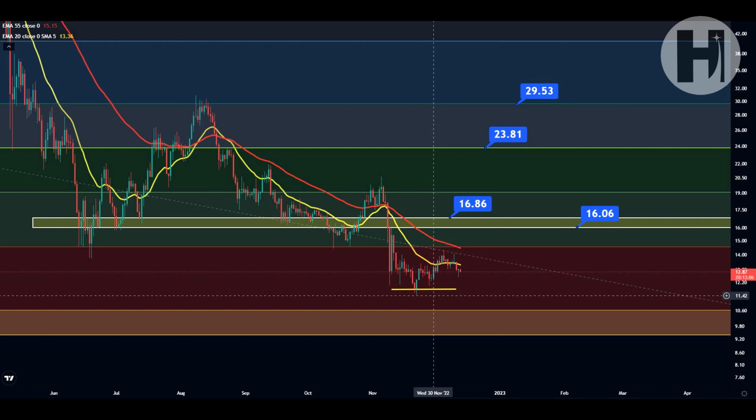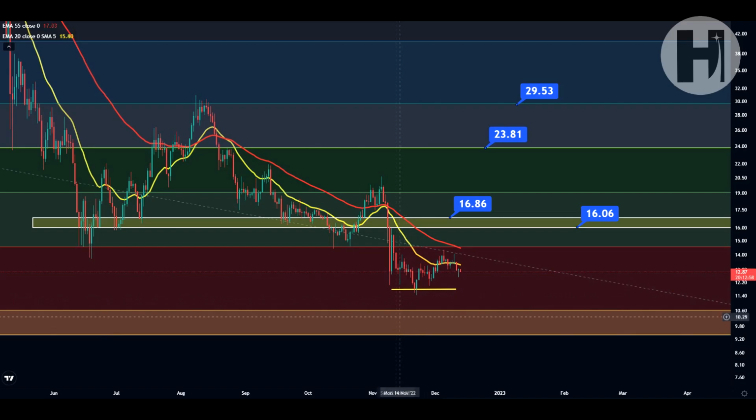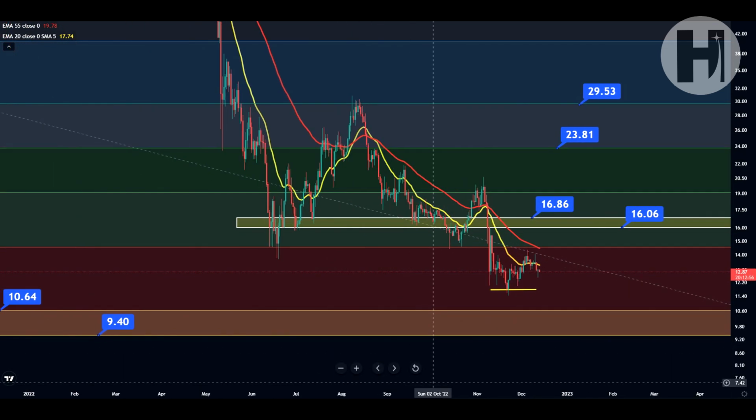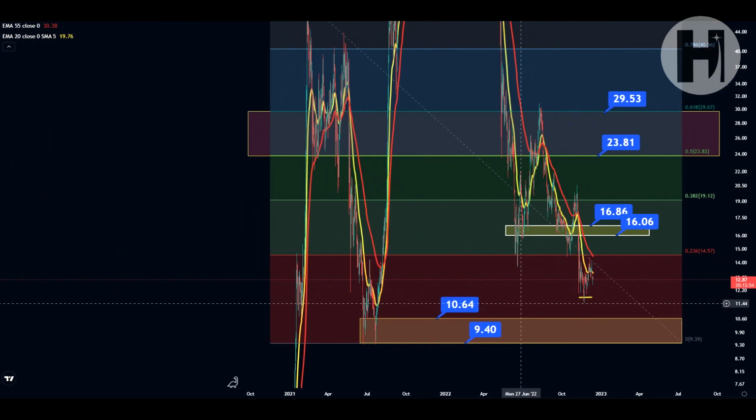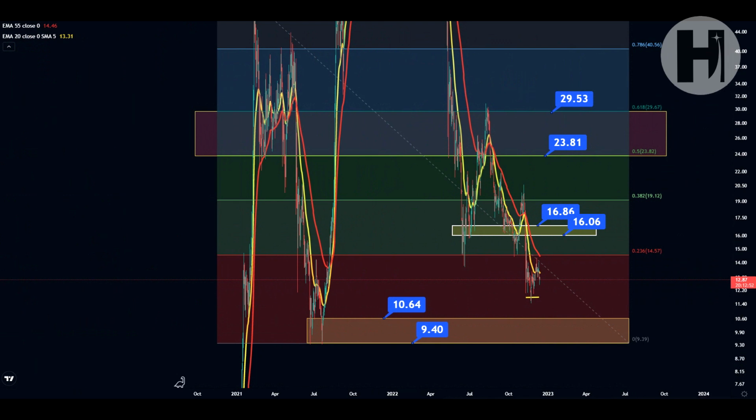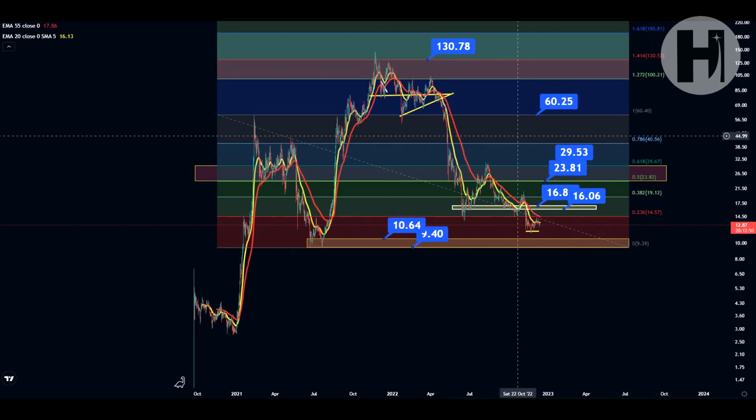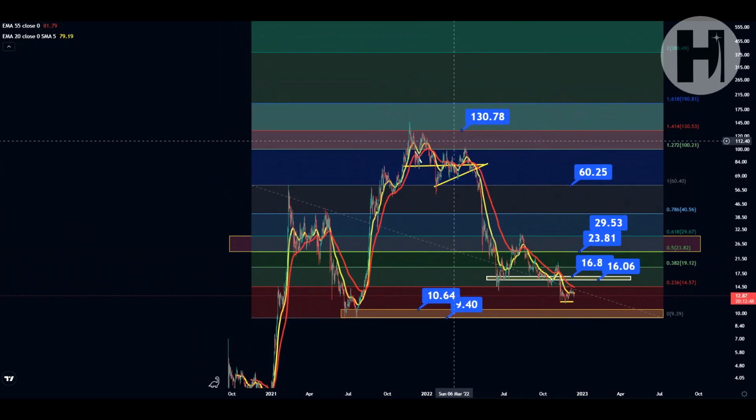Now let's jump straight into the TA. Now, I want to talk about the Fibonacci retracement because some people are a bit confused as to how the Fibonacci retracement actually works and how these Fibonacci levels are at these exact places, because for some people, they are not set up the exact way they are for me.